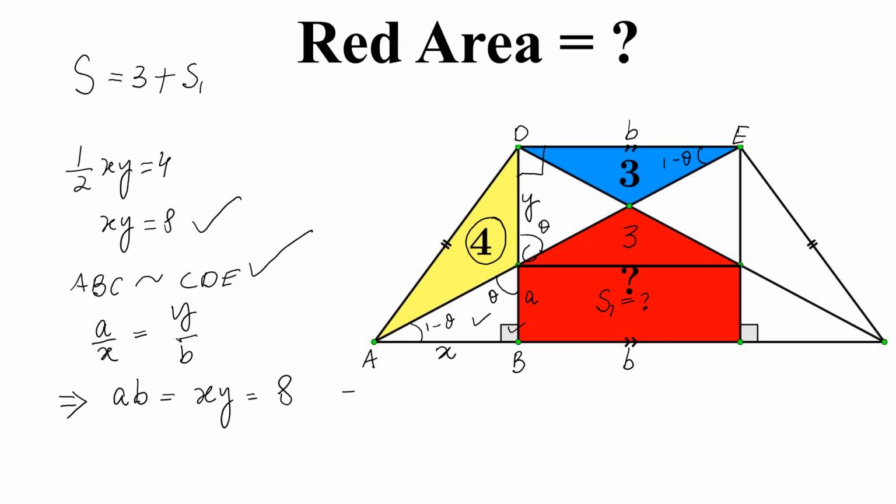So AB is also 8, which implies S1 is equal to 8, and the required red area will be equal to S, and S is equal to 3 plus 8, and this is equal to 11 centimeter square, and this is the required answer.